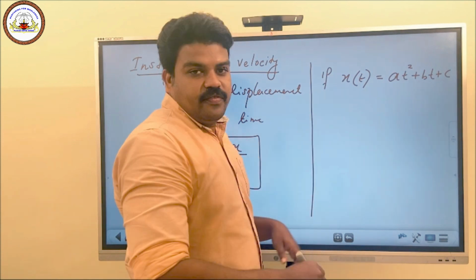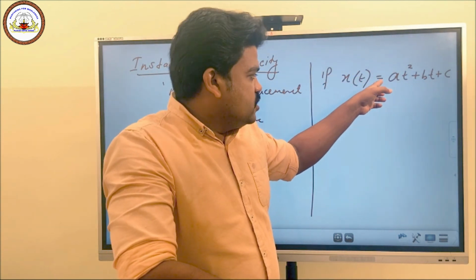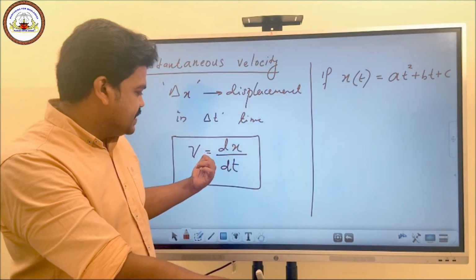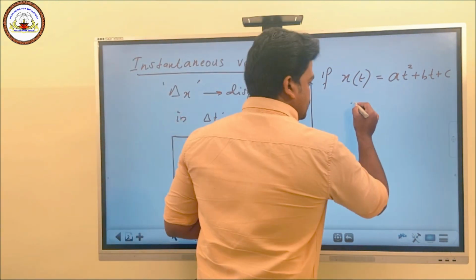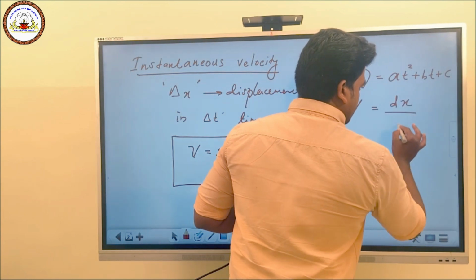What is the velocity of the particle which is related to this equation at square plus bt plus c? We can use this method. v is equal to dx by dt. So instantaneous velocity v is equal to dx by dt.